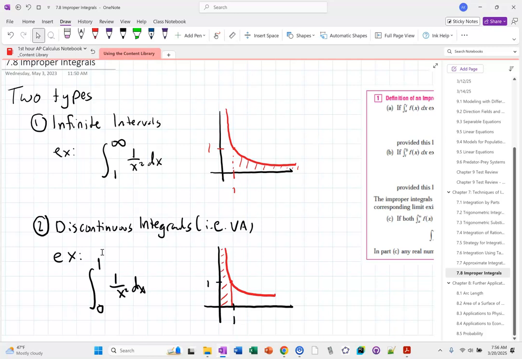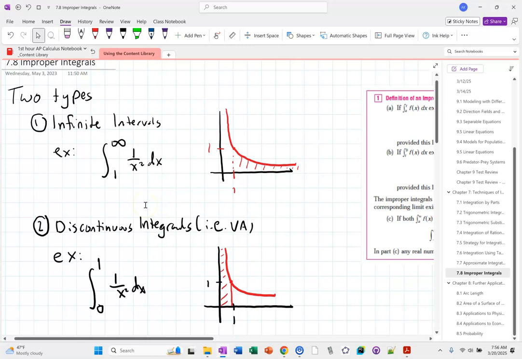Works just fine. As long as there are finitely many holes, you can treat it as if there are no holes at all. If there are infinitely many holes, well, that's a horse of a different color, and that's well beyond the scope of this class or really any undergraduate calculus course, to be quite honest with you.